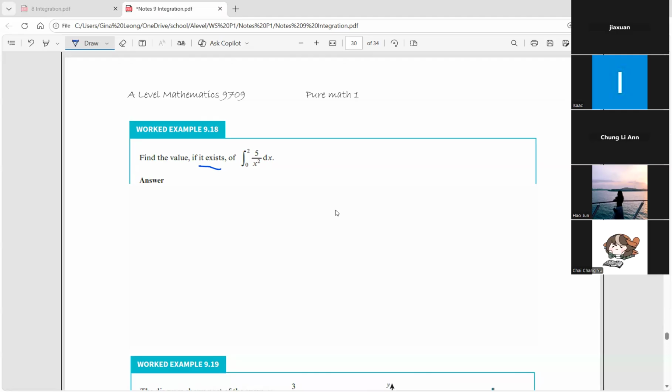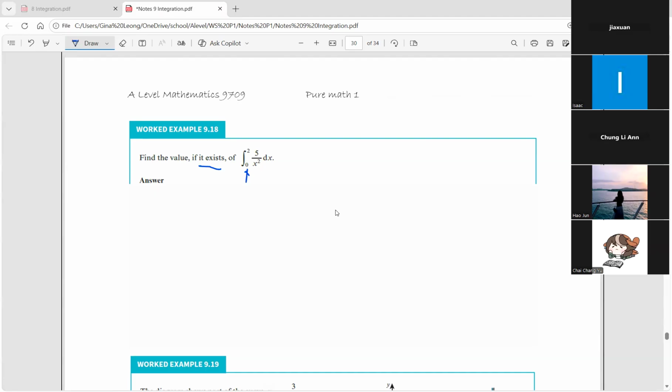Then he gives the integral from 0 to 2 of 5 over x squared. There is a 0 here. If you press your calculator for 5 over x squared, actually there is no value, it's a Math error.